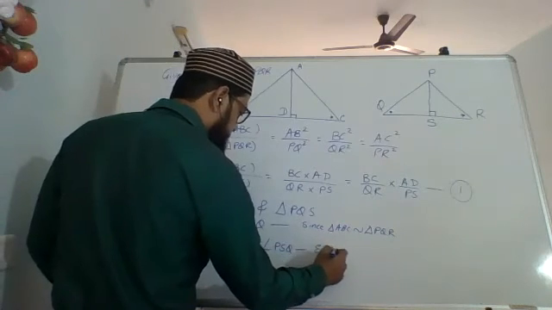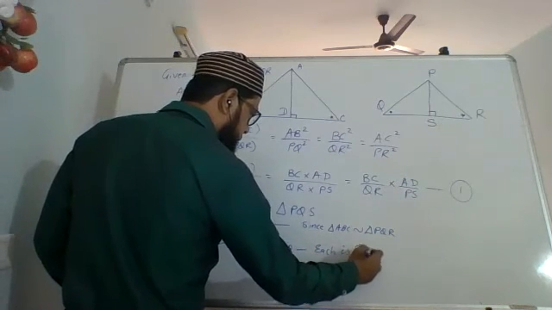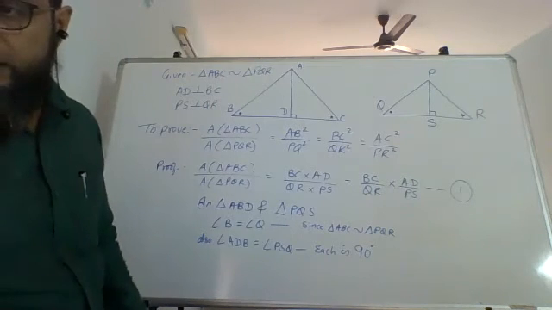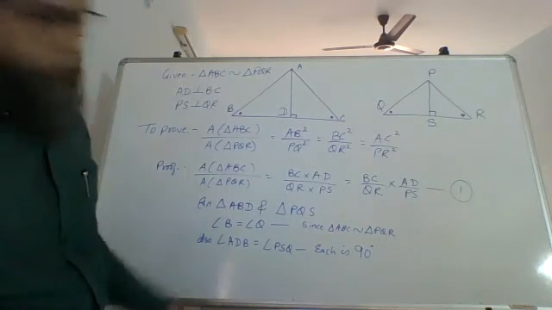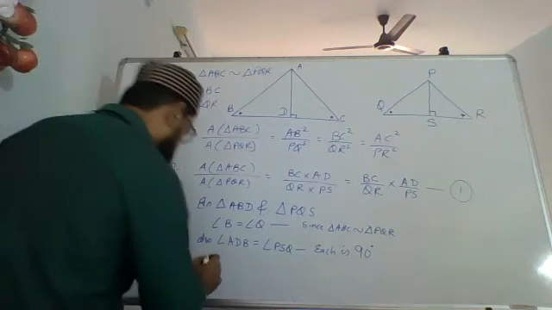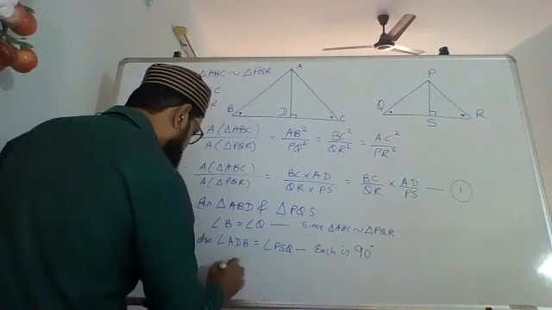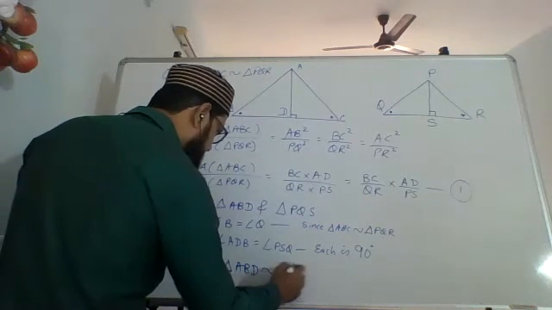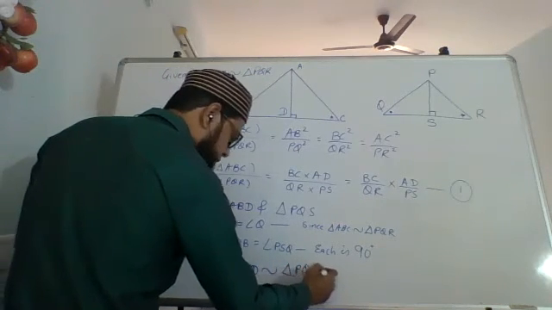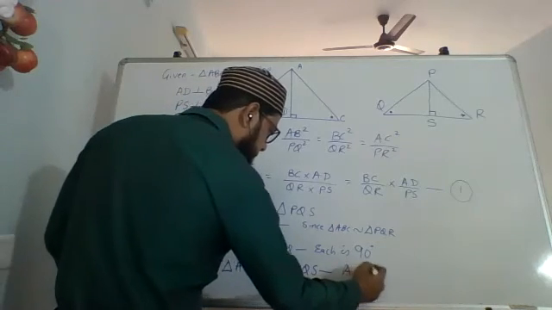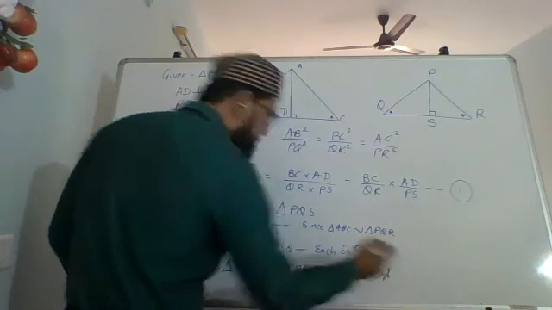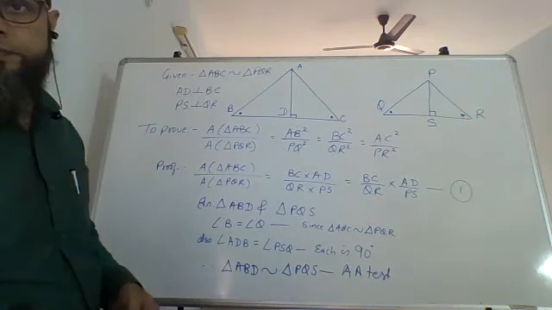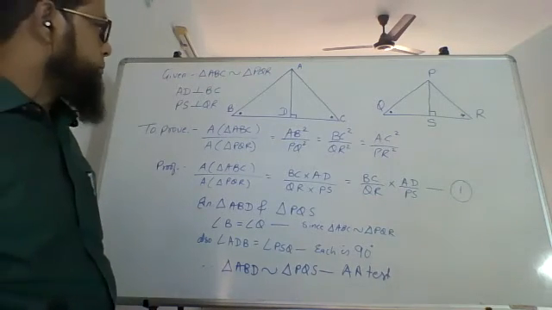Reason, each is 90 degrees. Now, if each is 90 degrees, two angles are proven. Therefore, triangle ABD is similar to triangle PQS by AA test.